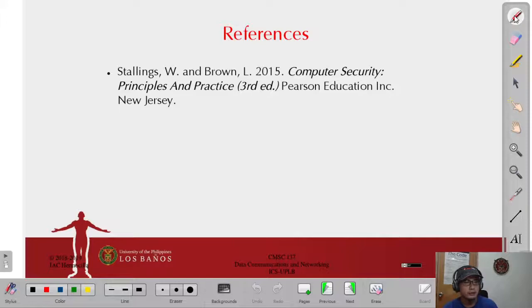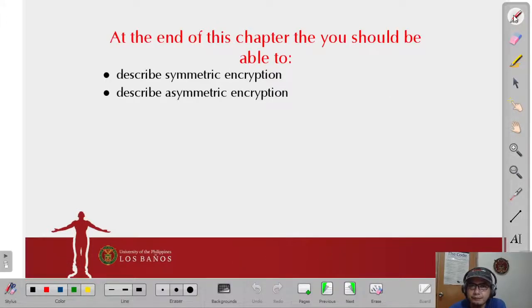So this is our main reference. Objectives at the end of this chapter: you should be able to describe symmetric encryption and asymmetric encryption.